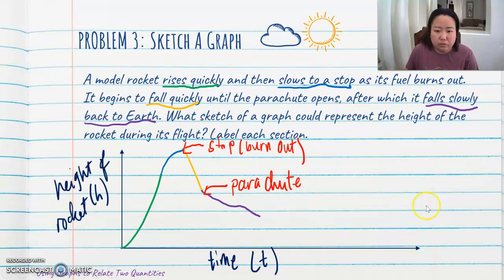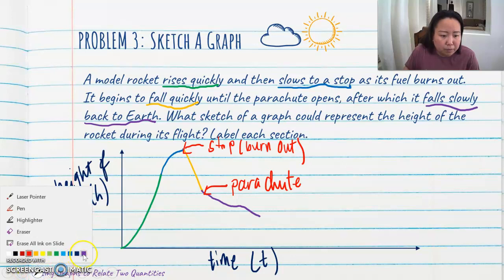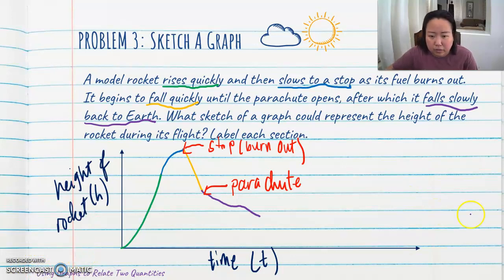I don't know what happened to this purple line over here, but that purple line should have ended at 0 here. So it's gonna be until here, and then that's when it landed back to Earth. So that's how you can sketch a graph by following the description of the movement in this particular scenario.